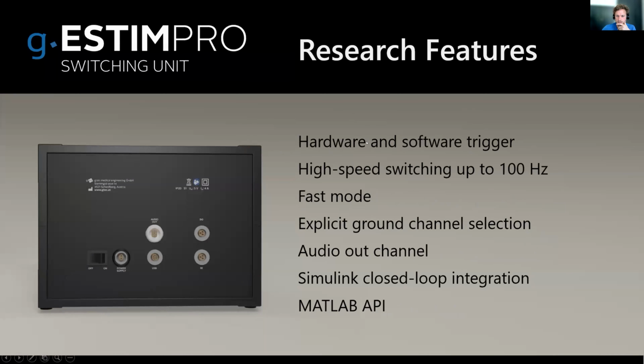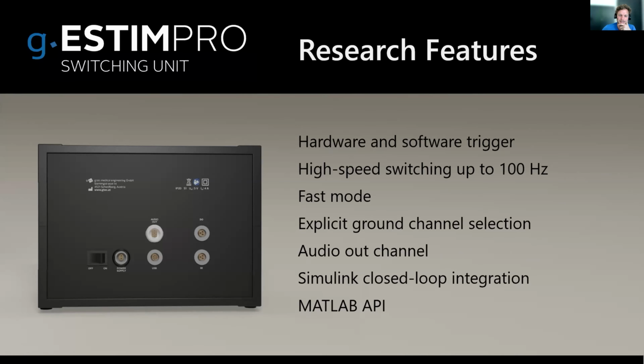If you want to go more into the research domain, as I said, we have also hardware triggers to speed up experiments and select a dedicated high-speed switching mode, which allows you to switch across different channels at the rate of 100 Hertz. So this is 10 milliseconds for each stimulation location. This is done in standard settings, and there is also an even faster mode.